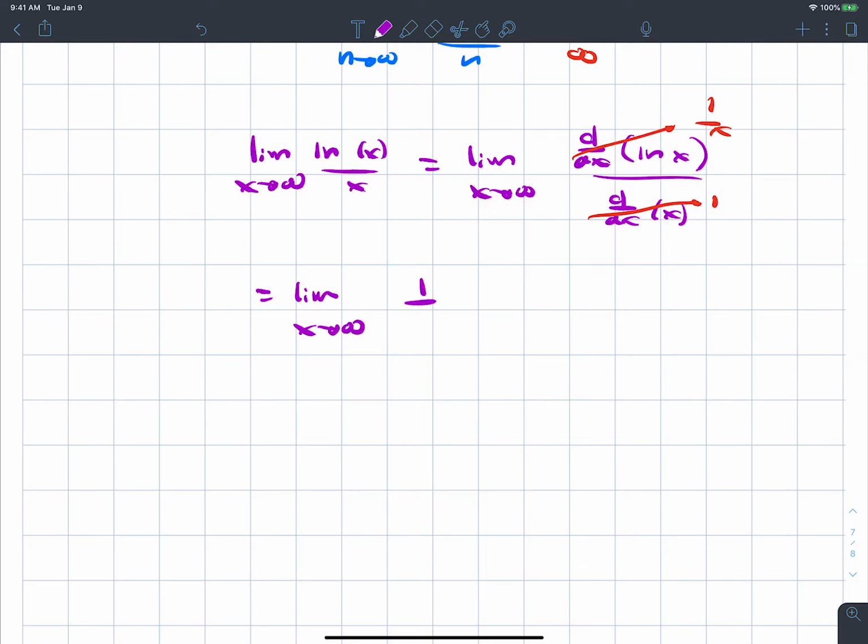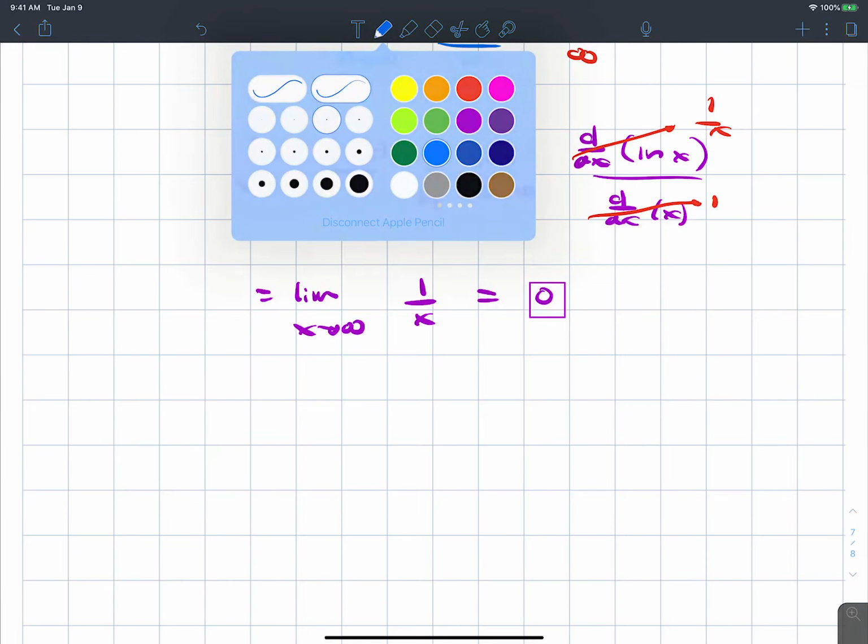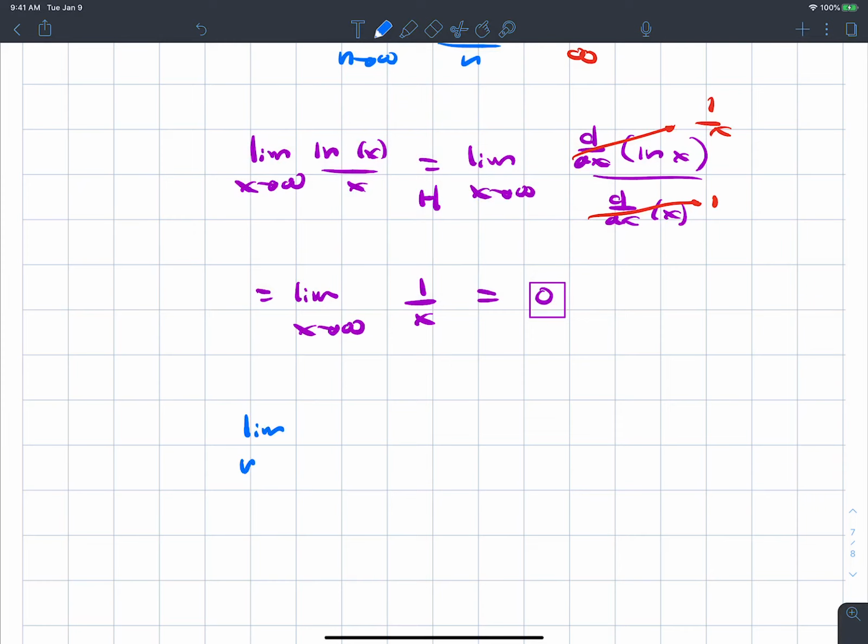The limit of 1 over x is 0. We know this because we just used L'Hopital's rule here. So the limit as n gets big of natural log n over n is also 0.